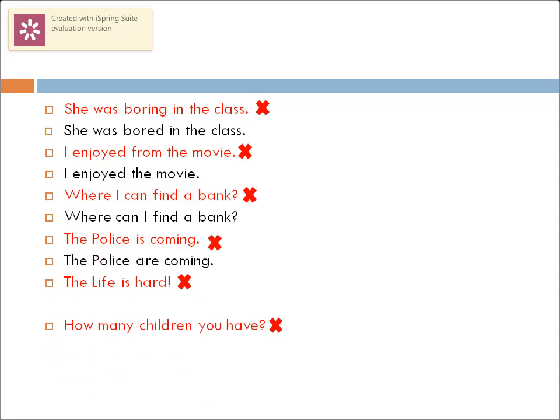The life is hard. Now, the life is very unspecific. It doesn't mention whose life. Hence, the, which is a definite article, should be omitted here. How many children you have should be properly said as how many children do you have.